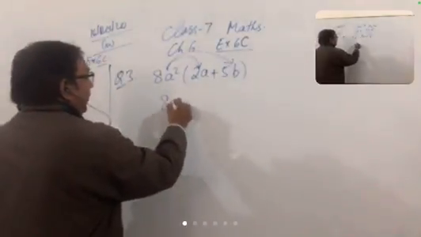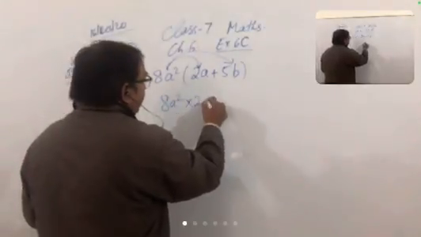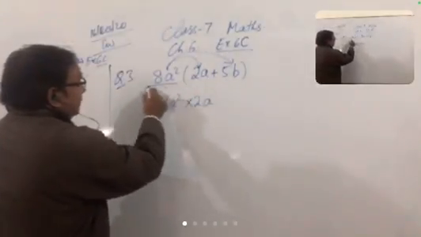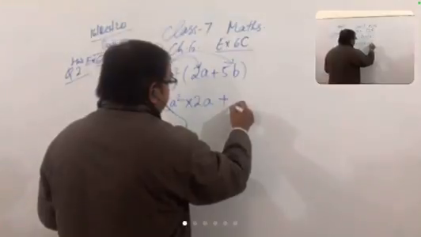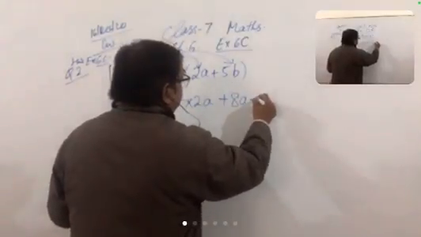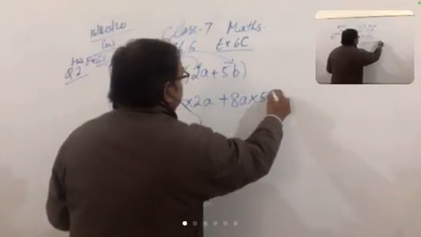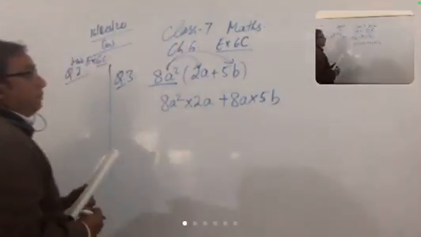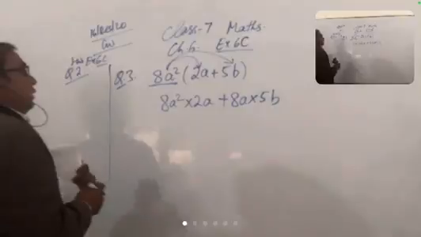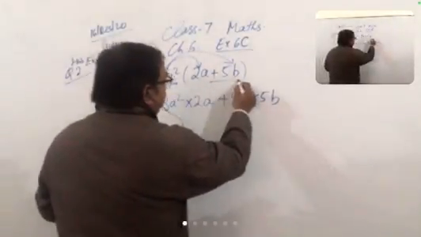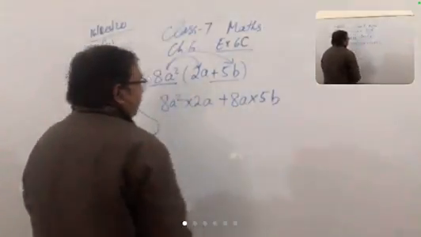So 8a square multiplied by 2a, and we know that this is a positive number, so we put plus 8a into 5b. If it is negative, then you can write it minus 5b.